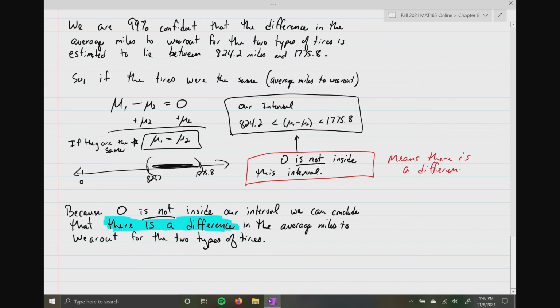If you calculate a confidence interval and 0 is inside it, then these two population means are the same. There's nothing different between them. Although your statistics may be a little bit different, these two population means are essentially the same.